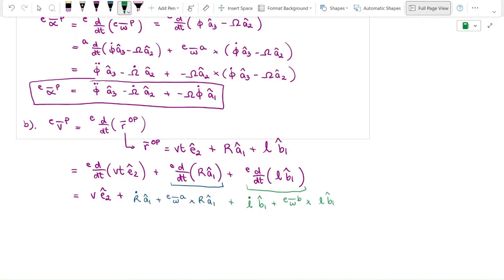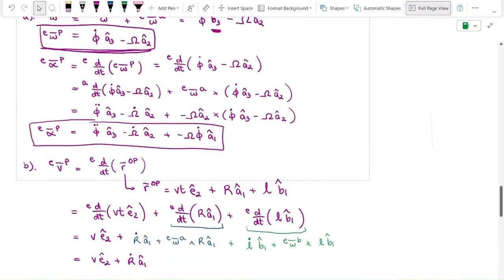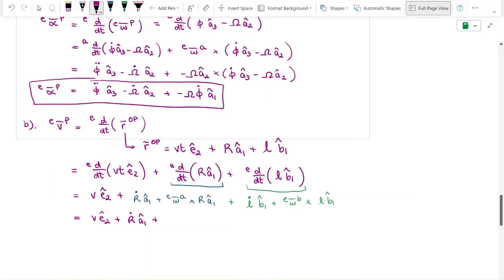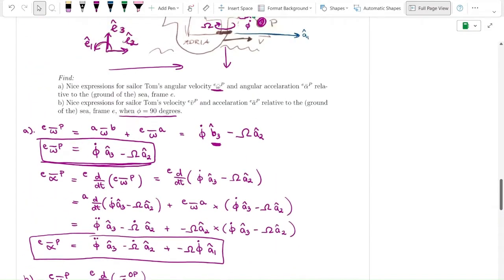Okay, so this becomes V E2 hat plus R dot A1 hat, and then recall that omega A with respect to the E frame is, from here, negative omega A2 hat, crossed with RA1 hat, plus L dot B1 hat plus the angular velocity of the B frame with respect to the E frame.